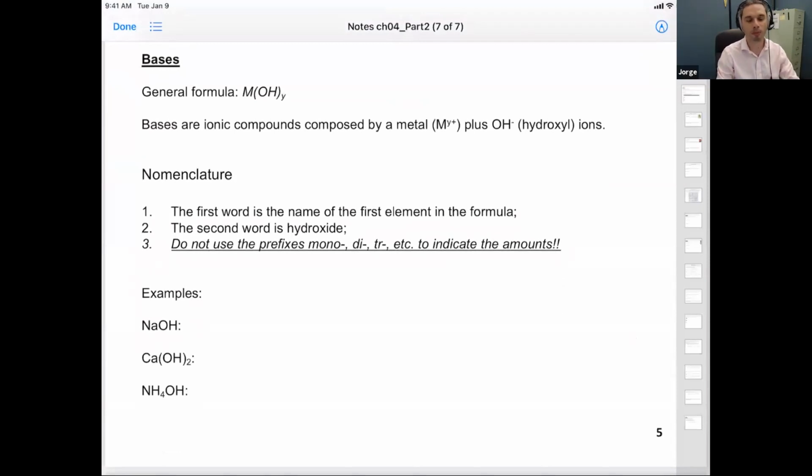Very simple compound. The general formula is always a metal bonded with OH ions. Bases are ionic compounds always composed of a metal with a positive charge plus OH minus ions, which are called hydroxyl.